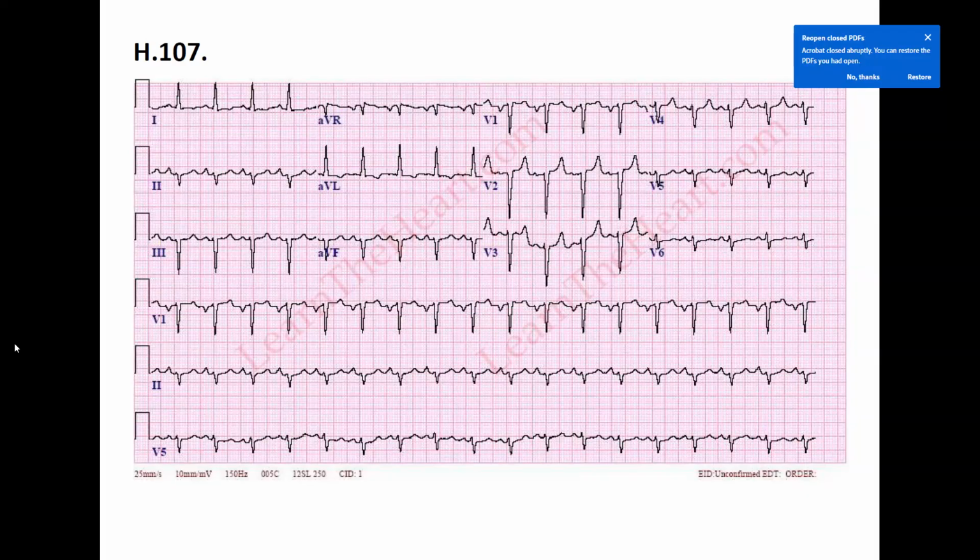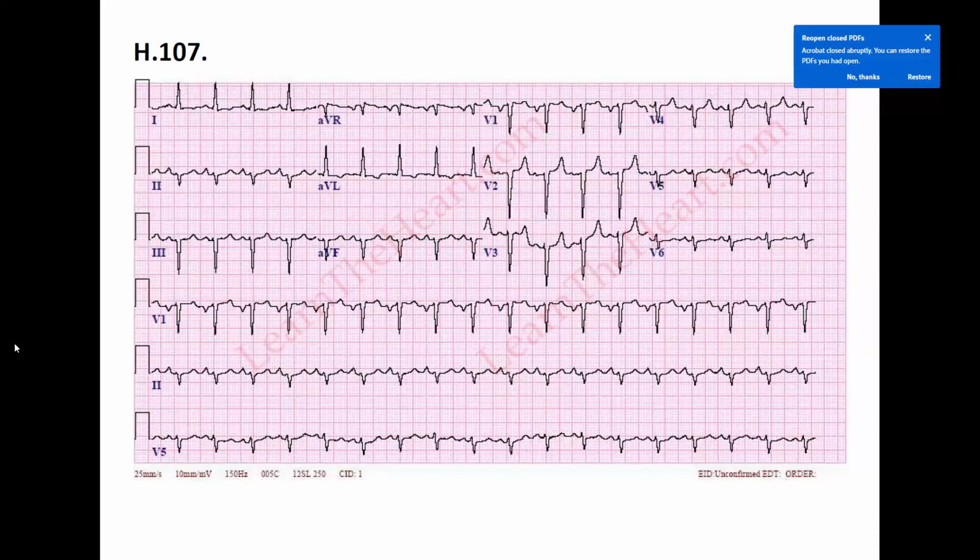A bit slightly tachycardic. There are P waves when you look at lead one, so P waves are visible. What else? The QRS complex looks normal, I think.